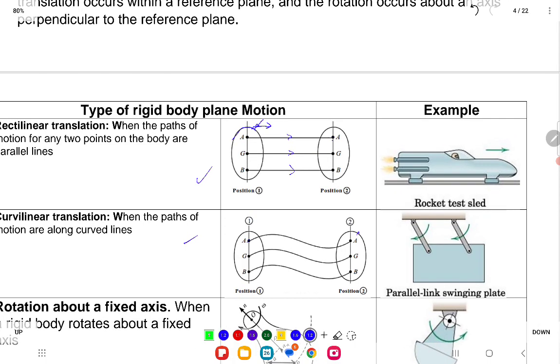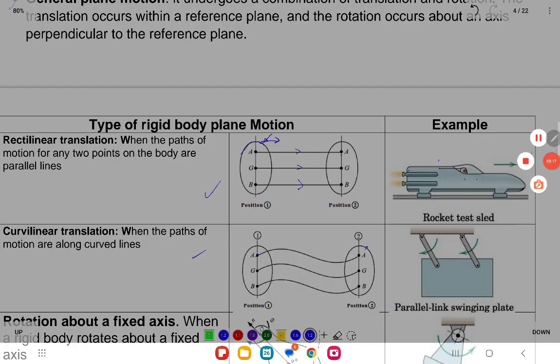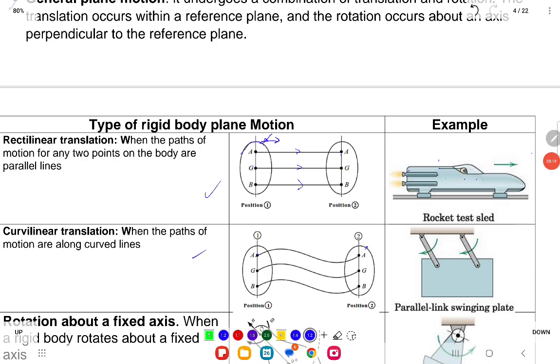Of course, there are examples. For rectilinear translation, you can look at the rocket test sled here. The whole rocket is moving from one point to another. After the translation, if you connect the old and new points on the body, you will see straight lines, all parallel to the direction of motion.